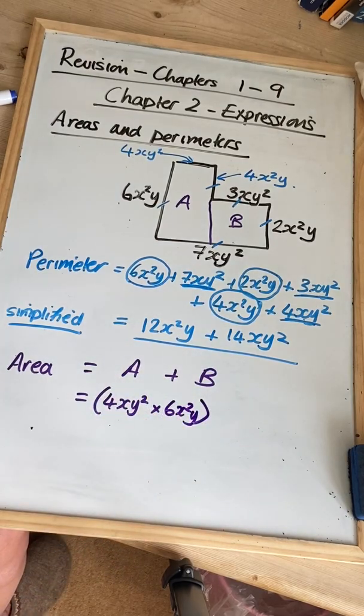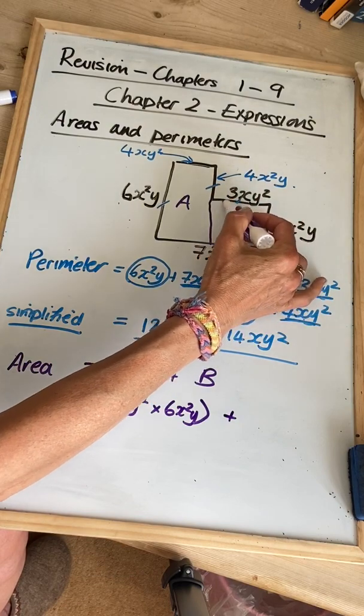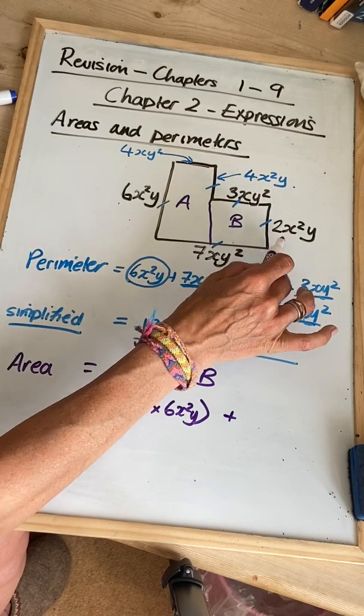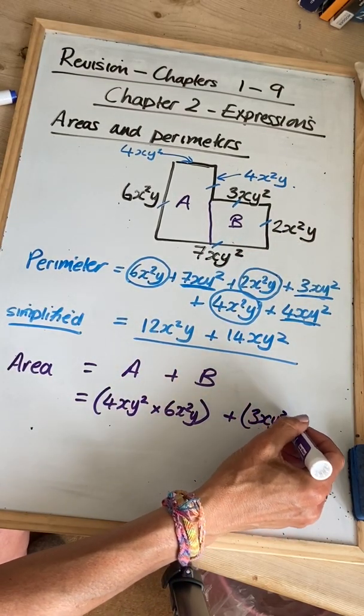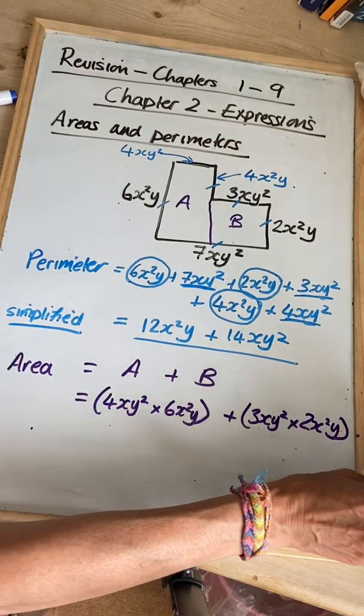That's our shape A. Shape B over here, shorter side, is the 3xy squared, and it's going to be times by 2x squared y. 3xy squared times 2x squared y.